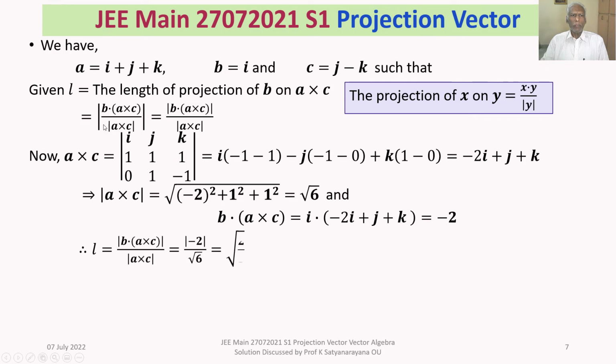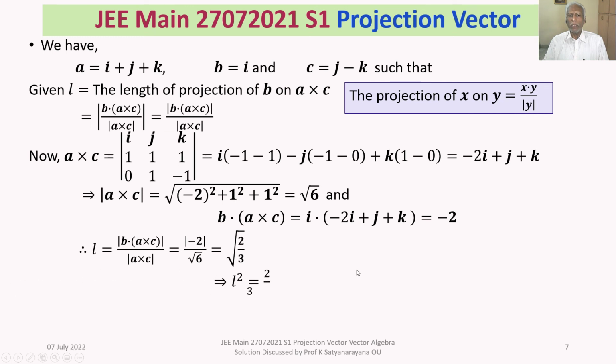Therefore, we go back to the formula, L is equal to mod of B dot A cross C by mod of A cross C, that is equal to mod of minus 2 by root 6, that is equal to root of 2 by 3.